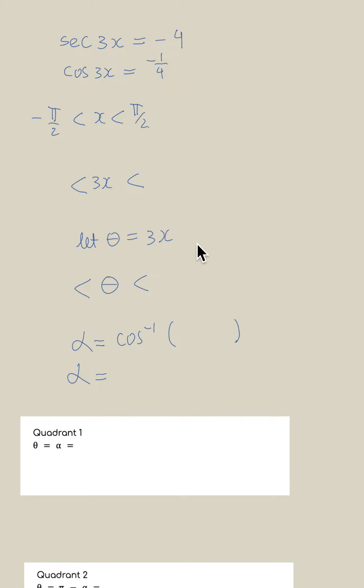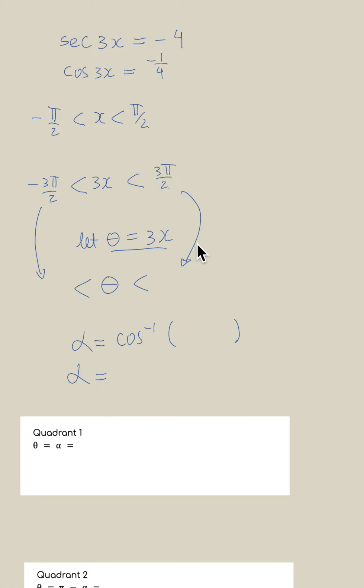Now, the range of values of x is given from negative pi over 2 to pi over 2. Since the angle is 3x, we try to find the range of values of 3x. Very simple, we just multiply by 3: negative 3 pi over 2 to positive 3 pi over 2. Since theta equals 3x, the range of values of theta is the same as the range of values of 3x.